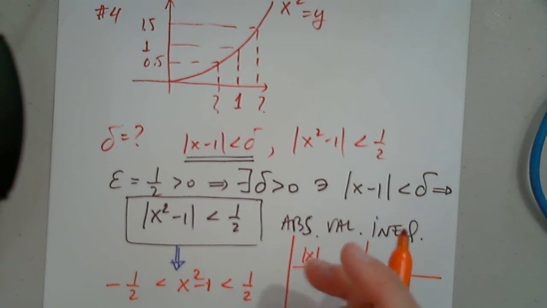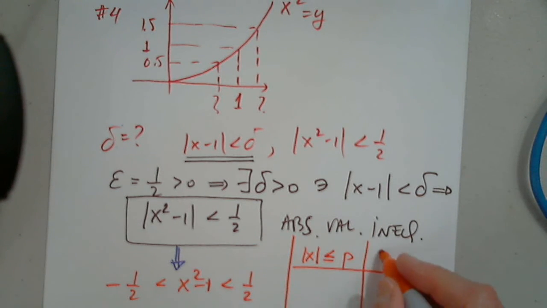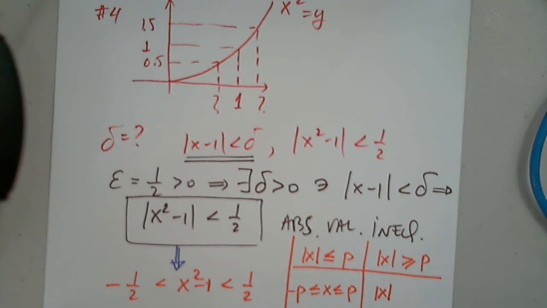One, the absolute value of x, just in general, less than or equal to a number p, and the absolute value greater than or equal to a number p. This one changes into negative p less than or equal to x less than or equal to p. And this one changes into x greater than or equal to p or x less than or equal to negative p.